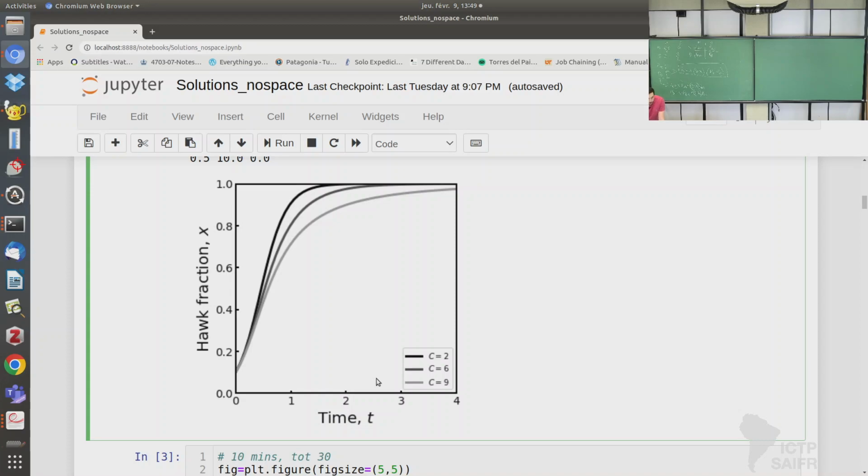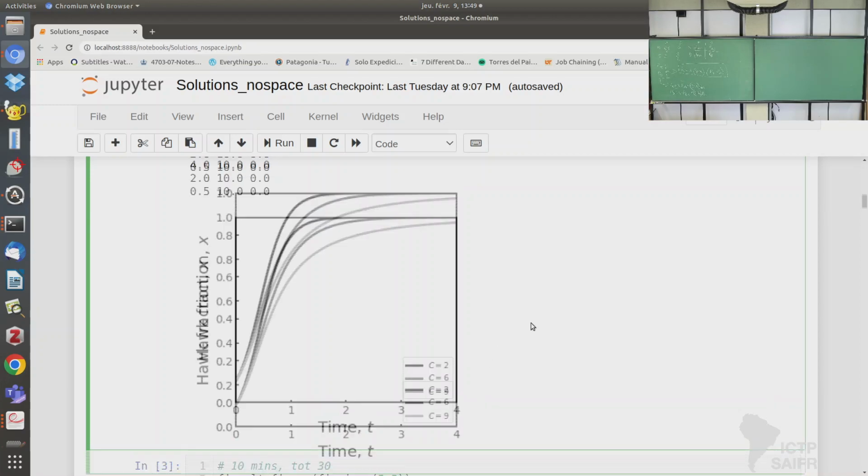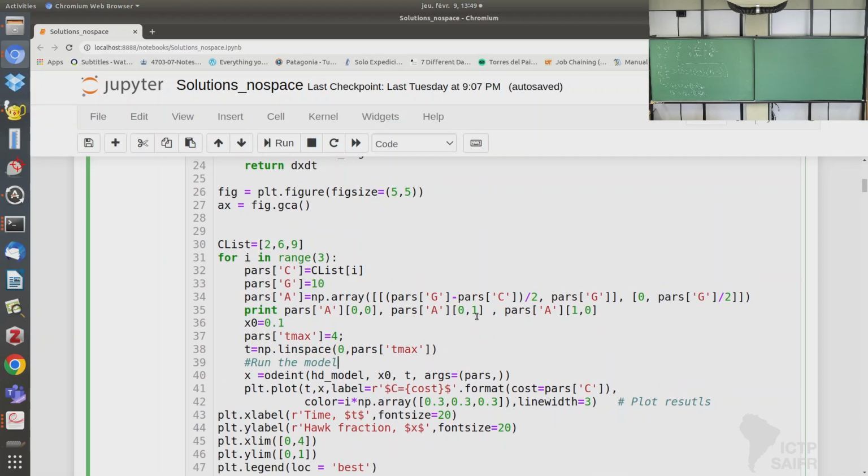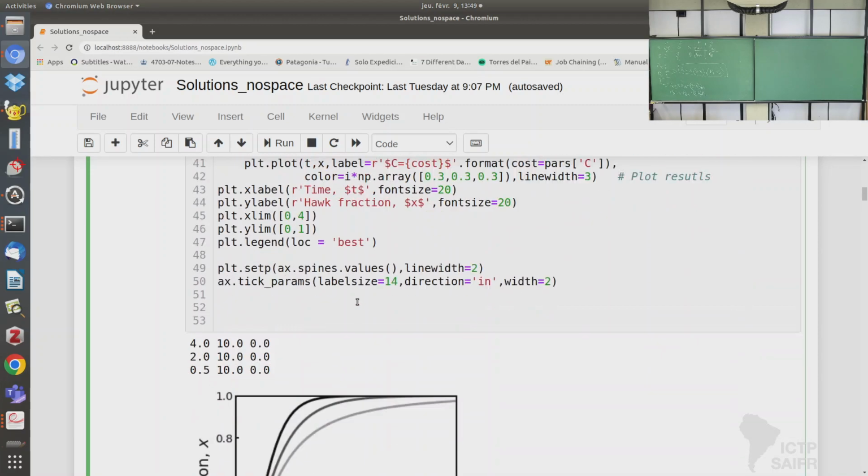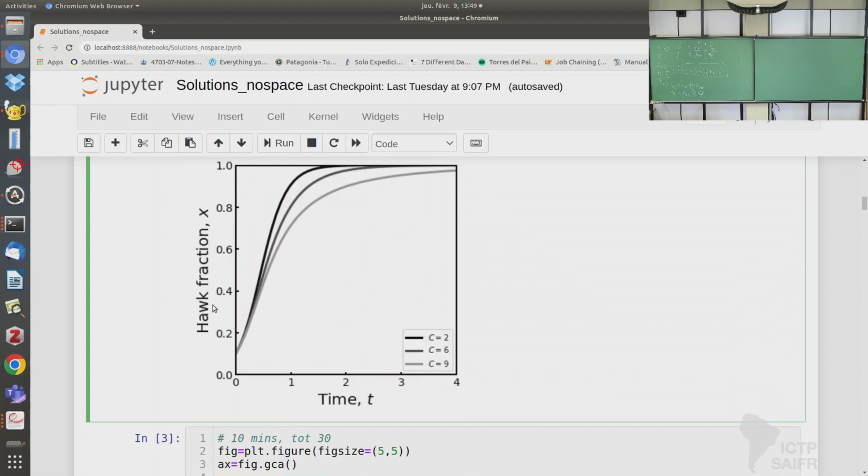So basically, this is showing that no matter the value for C, as long as C is less than G, where G is 10 and the maximum C here is 9, eventually, after a certain amount of time, the population will be dominated by hawks, which is what we saw yesterday.